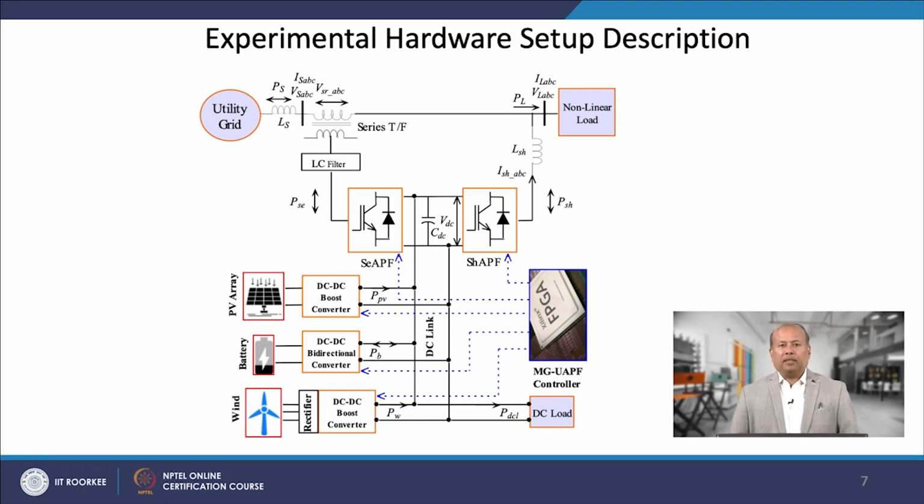Thus, the converters operate as active filters to mitigate power quality problems with effective power flow management. An FPGA controller takes different signals from the system and generates the appropriate pulses for the converters for the desired operation. For the hardware experimental setup, the specifications and values of hardware parameters are provided in the table.